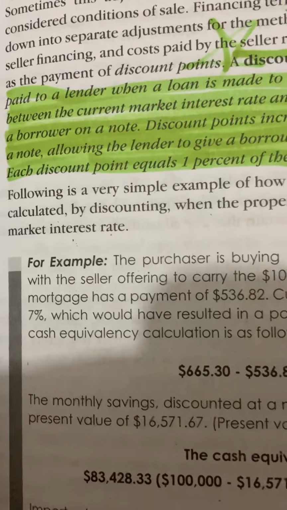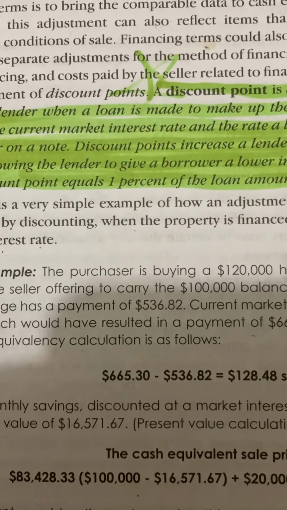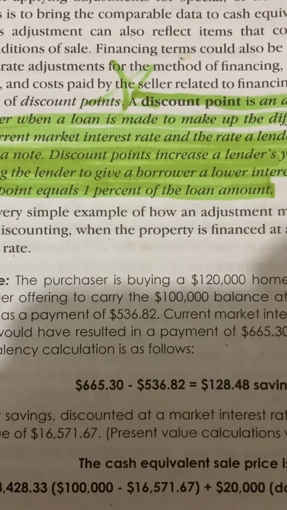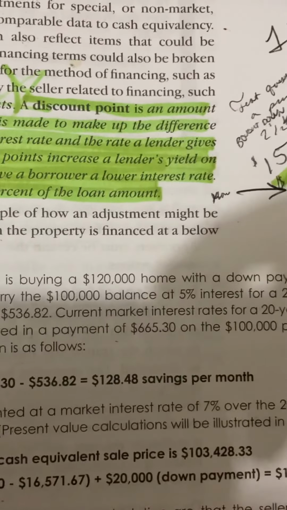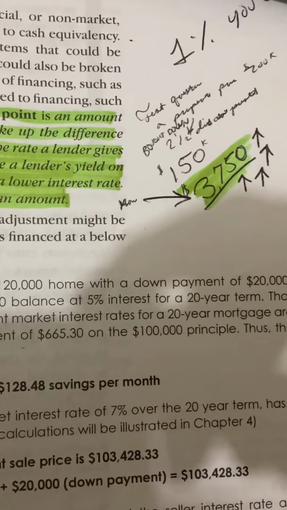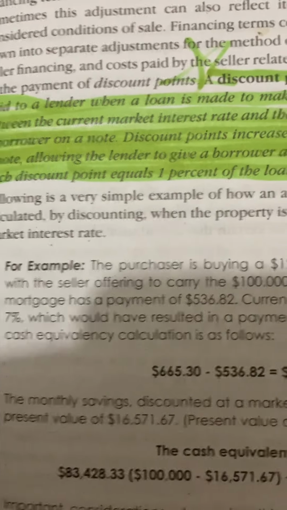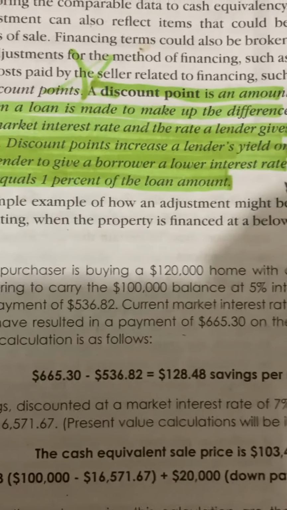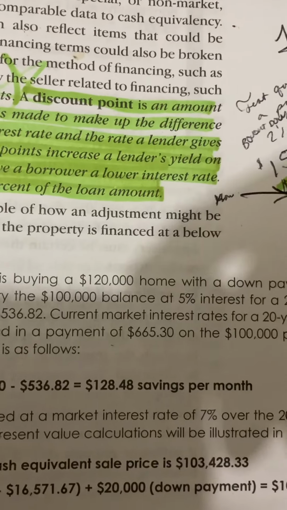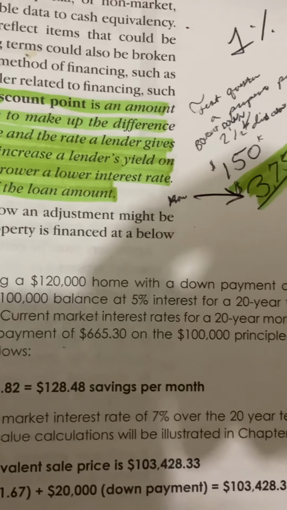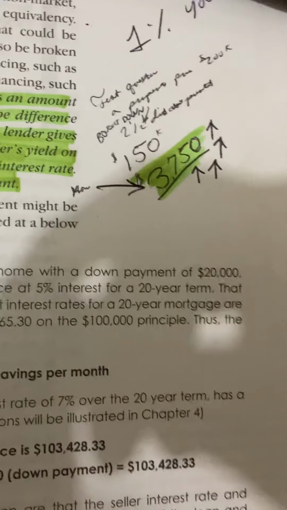That mortgage has a payment of $536.82. Current market interest rates for a 20-year mortgage are 7%, which would have resulted in a payment of $665.30 on the $100,000 principal.